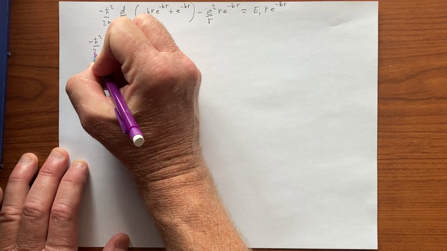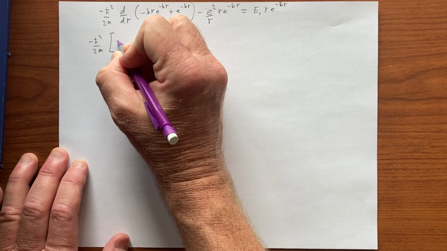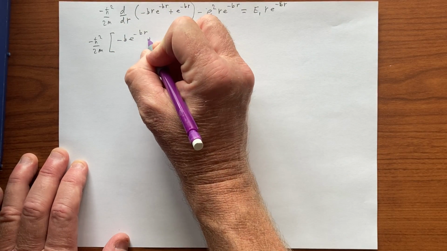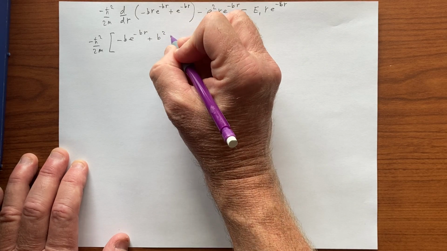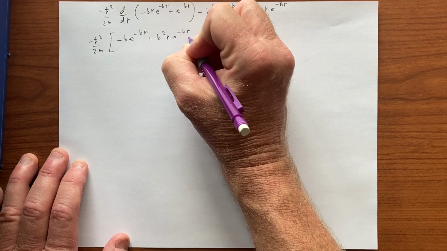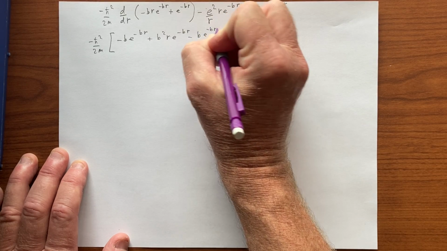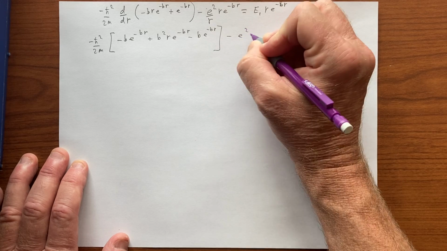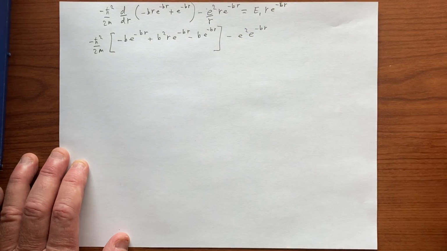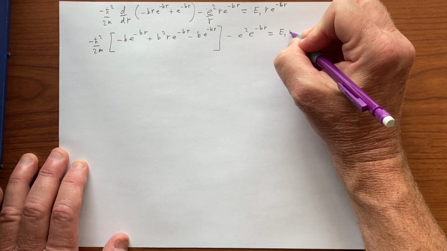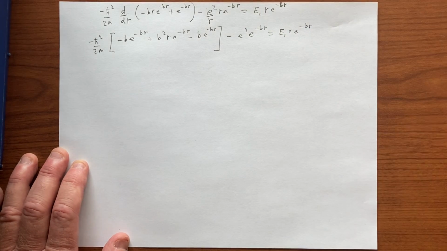So minus h bar squared over 2m, we get minus b e to the minus br, plus b squared r e to the minus br, minus b e to the minus br, minus e squared e to the minus br is equal to the ground state energy times r e to the minus br.